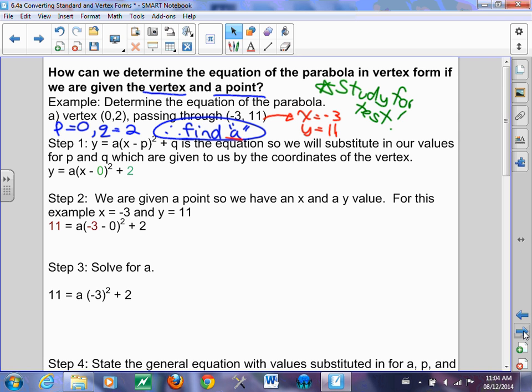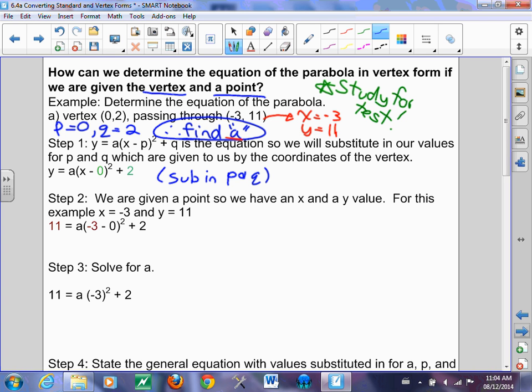So let's take a look here. So this example is partially done. Okay, so step 1 says in vertex form is the equation, so we will sub in our values for P and Q, which are given to us by the coordinates of the vertex. So step 1 is to sub in P and Q. So we subbed in P and Q, okay.